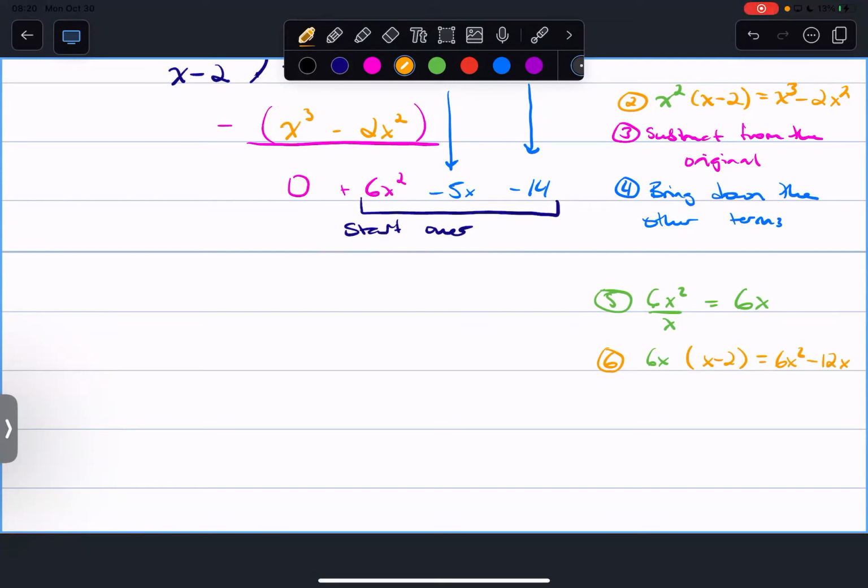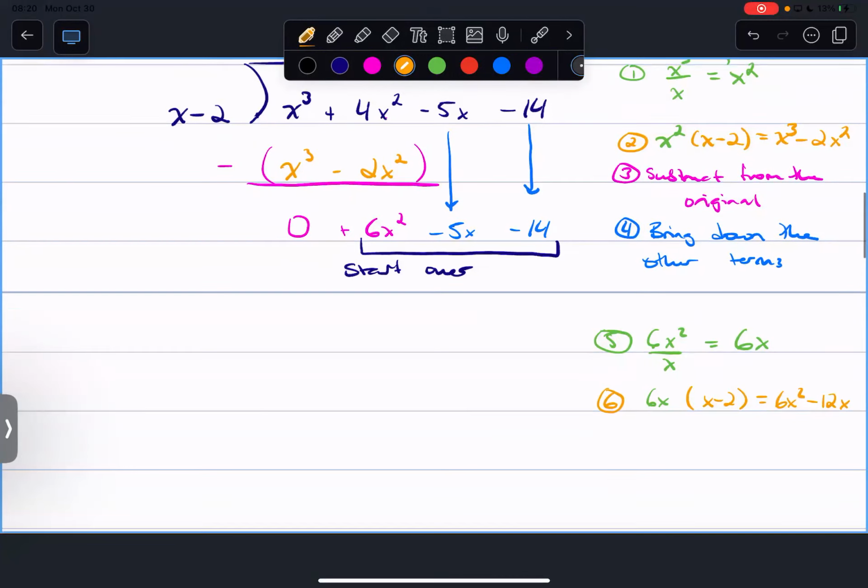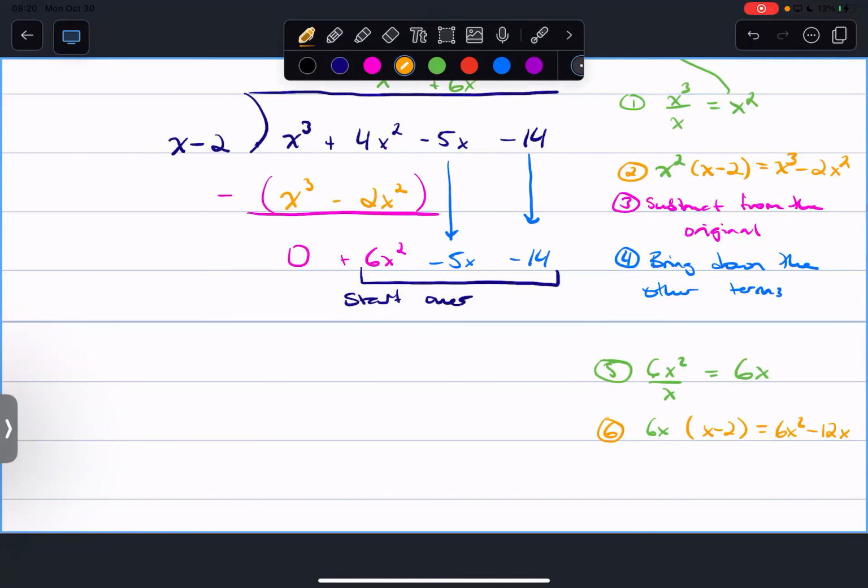Being really careful with your negatives since we're going to be subtracting, and it would make a real mess if you missed a negative. And that's more of a note to myself than anything else. Don't screw this up, Emily. All right, so now I have 6x squared minus 12x that I can put here.